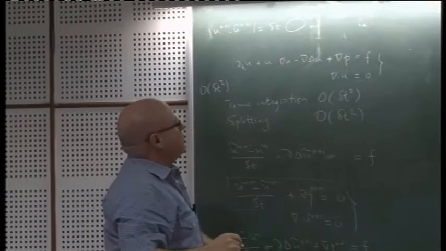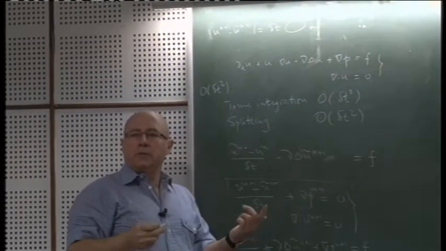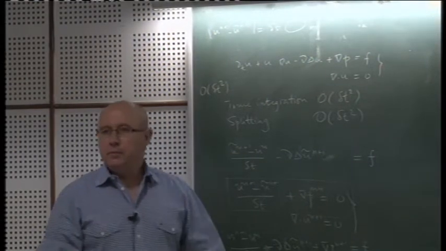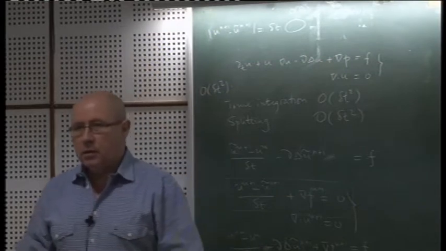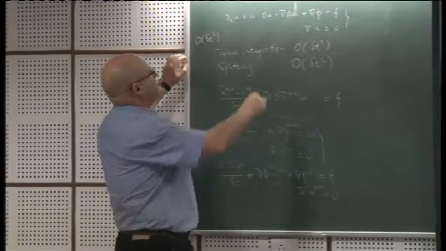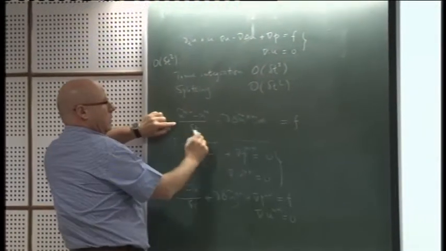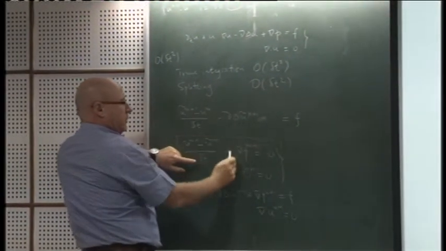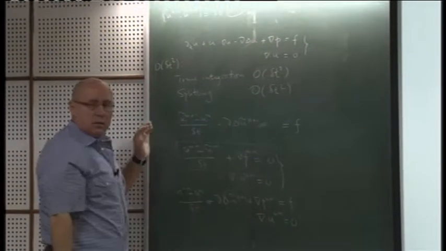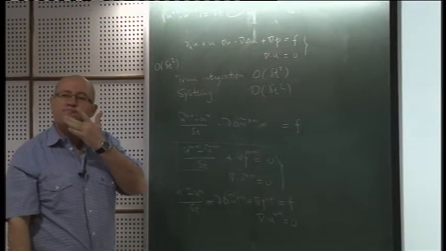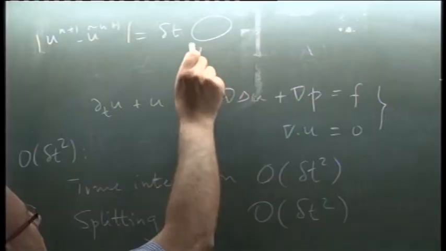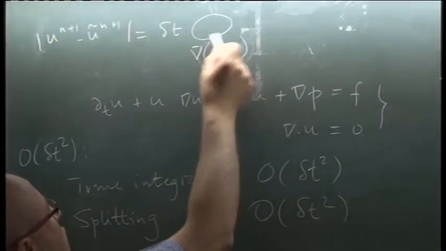But the gradient of the pressure alone doesn't work, because the gradient of the pressure is order 1. So that has to multiply something that cannot be the gradient of the pressure. Has to be something of order delta t. In other words, it has to be the gradient of something, and that something has to be of order delta t.